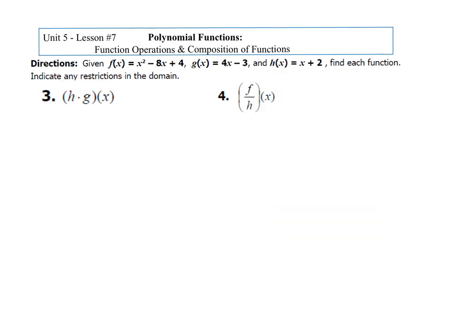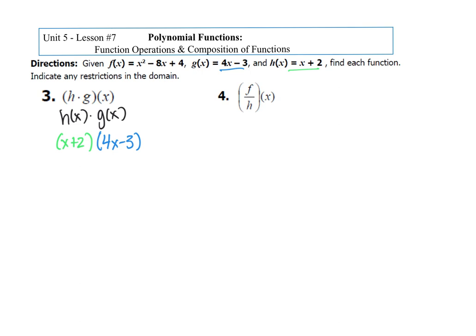Okay, number 3 is read as h times g of x. So we're going to take our h of x equation and we're multiplying it to our g of x equation. So h of x was x plus 2. So let's bring that down. And we're multiplying it to g of x, which is 4x minus 3.